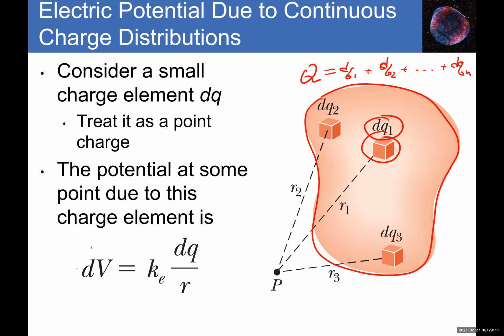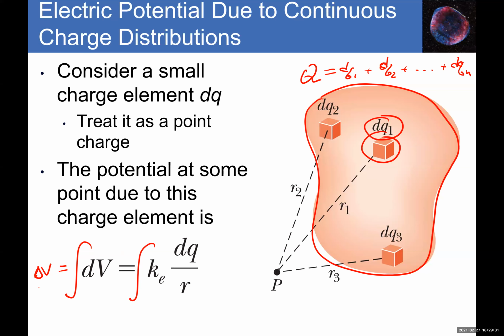So then take an integral of both sides. The left side is basically your delta V, and the right side is the integral of k dq over r, considering the contribution from all those tiny elements from the entire object.